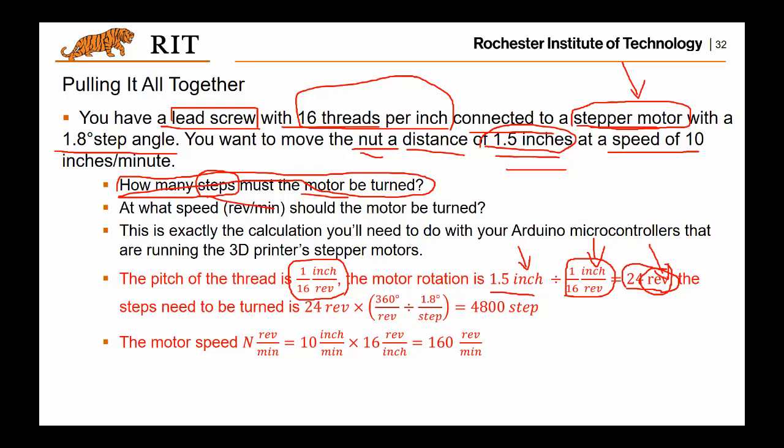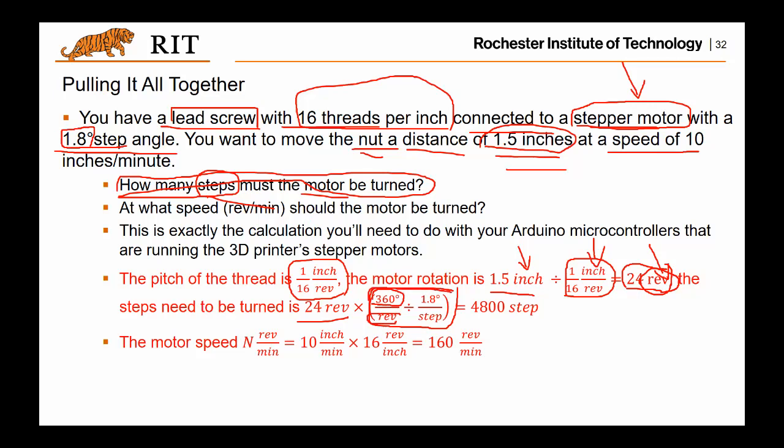You have 24 revolutions, but you have to know how many steps the motor has in one revolution. You know per step it rotates 1.8 degrees, and each revolution is 360 degrees.